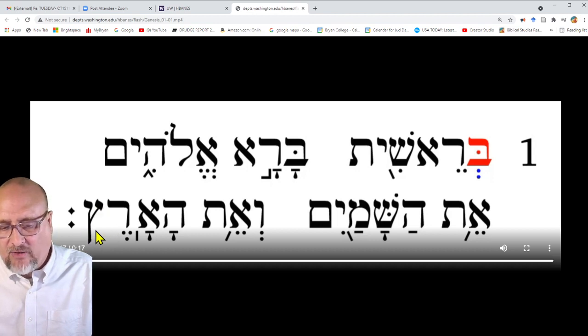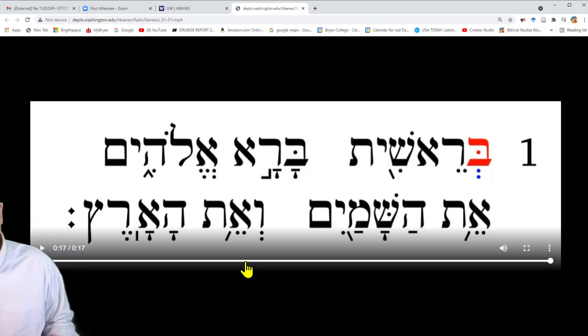Normally the sadi would have that curled around tail, but when it appears at the end of the word, it goes below the line, and so that's a final. And then these two mems are final mems. That's why they look like the little square, but they're pronounced exactly the same.